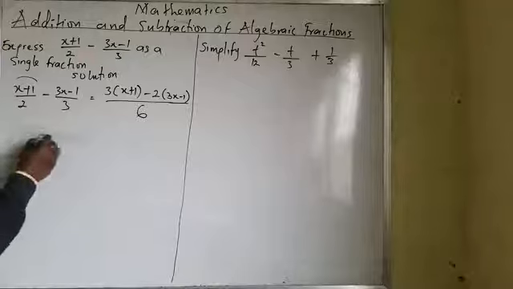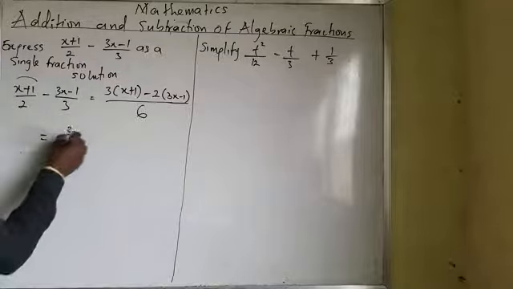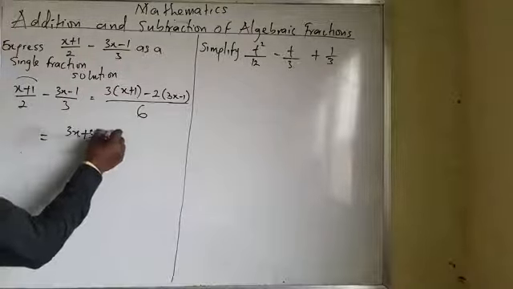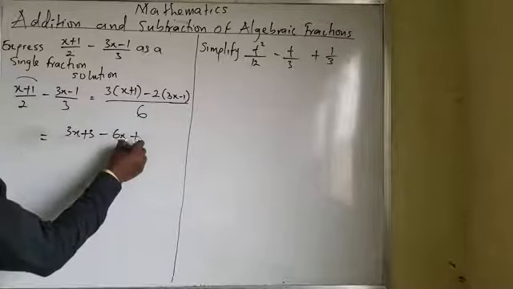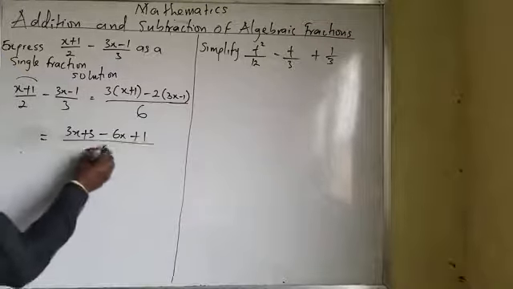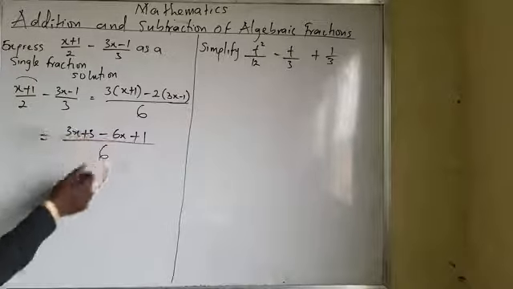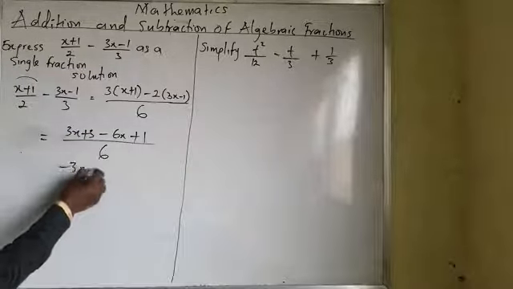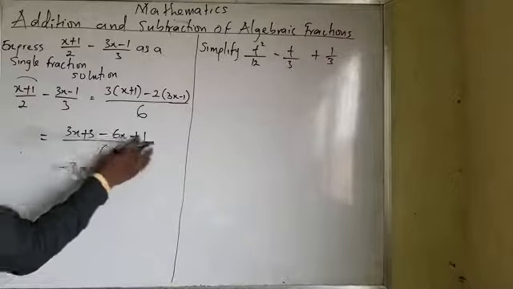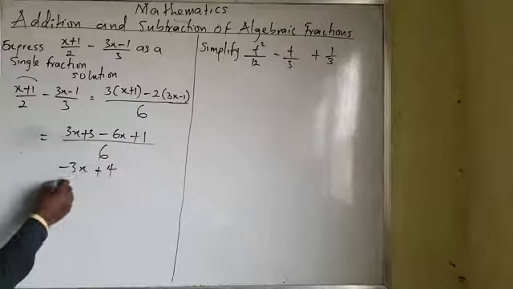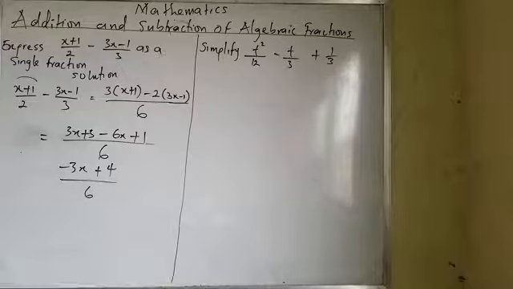Now, since I have that, I can now say 3x + 3 minus (6x - 1)... I've just opened my brackets, which you all know. This minus this, they are like signs. It means I'll be having minus 3x, and this becomes 4, so this is going to be 4 divided by 6.